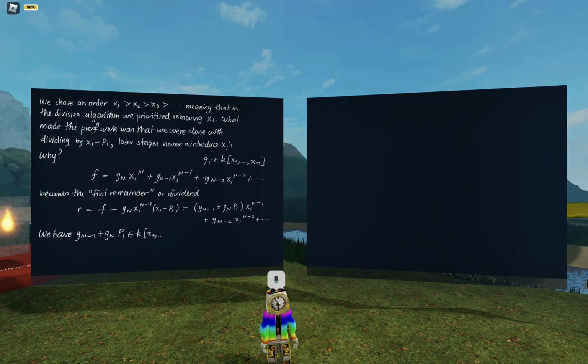So why do we know that coefficient doesn't involve x1s? Well, P1 is in K. But we could be a little more relaxed about our hypothesis on P1, right?